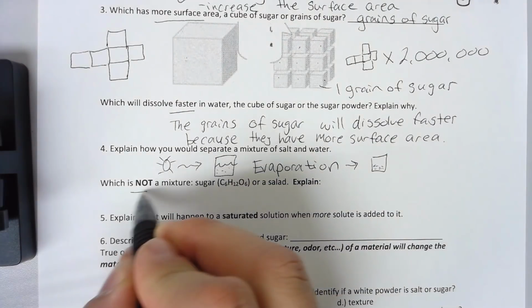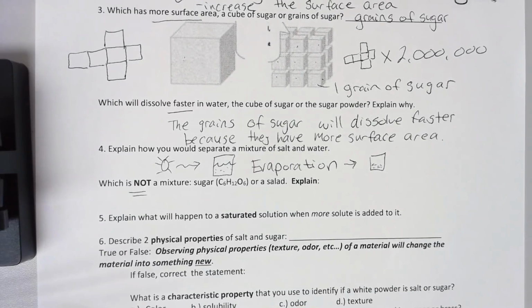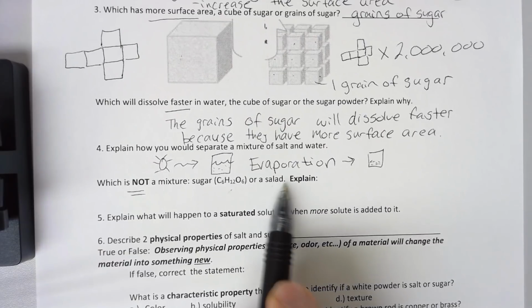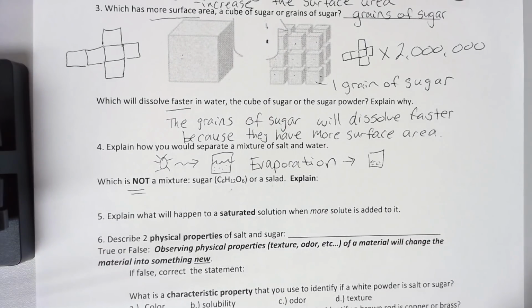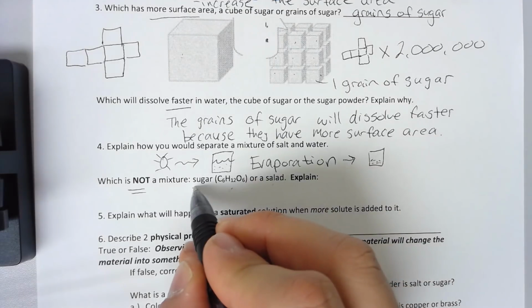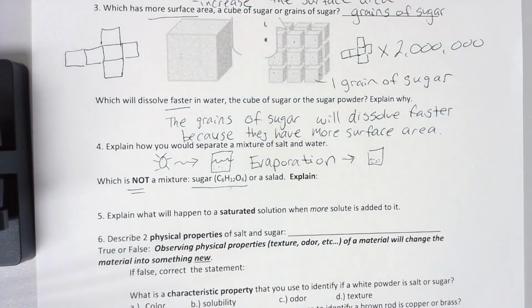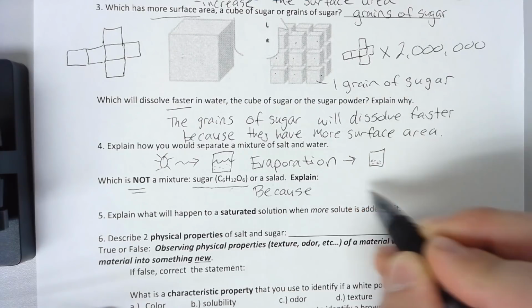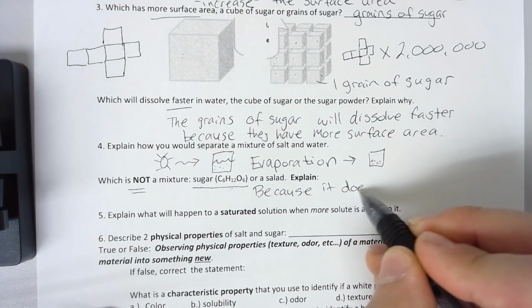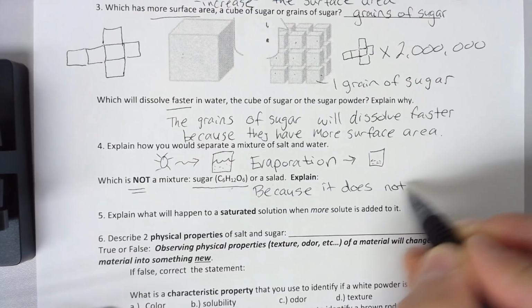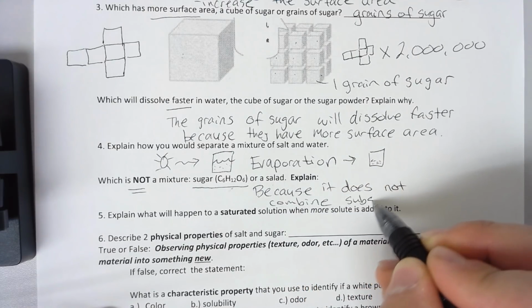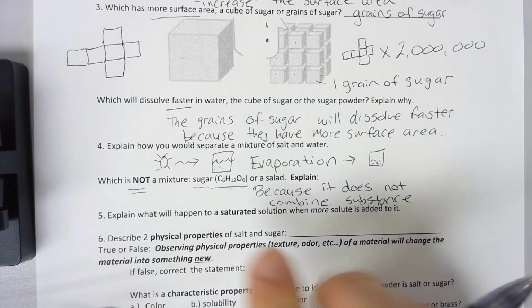Which is not a mixture? Sugar, C6H12O6, or a solid? Explain. All right, and the answer to this one is sugar. Okay, sugar is not a mixture because it does not combine 2 or more substances. All right, it's just a chemical formula.